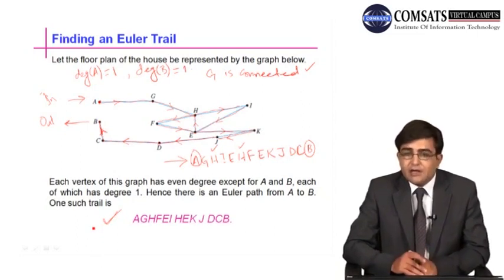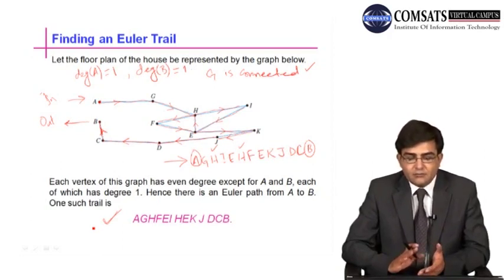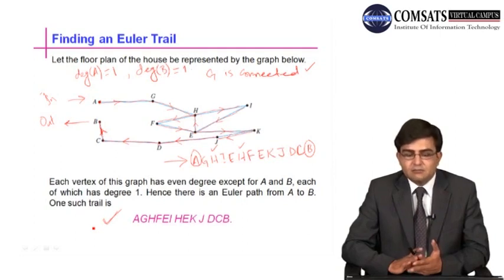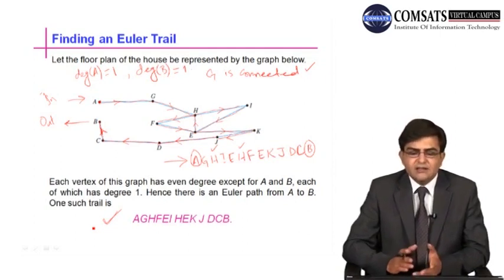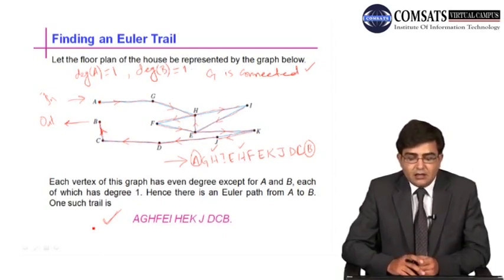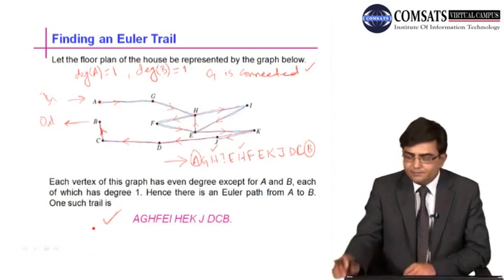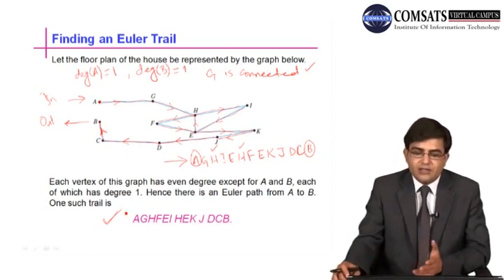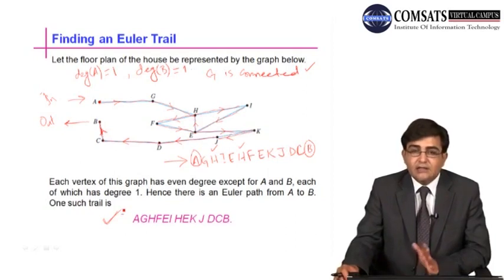So you can change the path, but it should satisfy all the conditions: first and last vertex must have odd degree, all other vertices must have even degree, every vertex must be used at least once, every edge must be used exactly once. So you can construct many other different Euler paths here in this graph, which are also correct paths. So this is how we can construct Euler paths and Euler circuits.